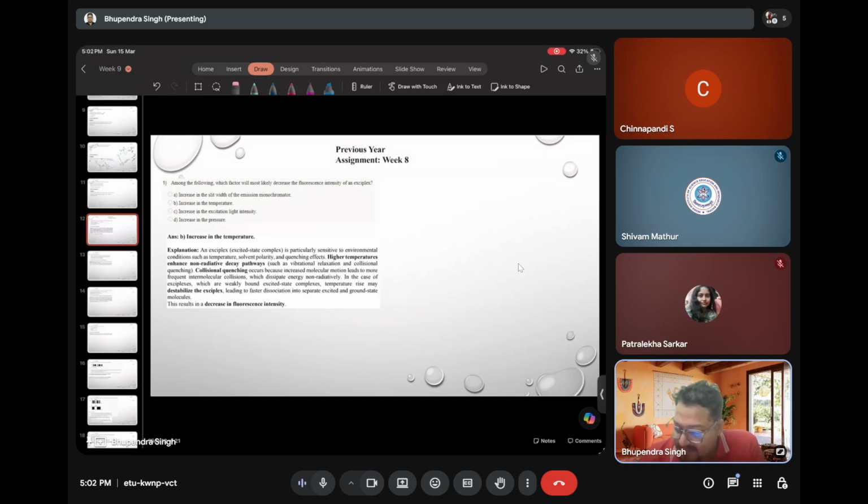Increase in the excitation light intensity will also increase the intensity, if you somehow increase the excitation light intensity, but I don't know how to increase it. By changing the power of the light, but how can we change the power of the light?